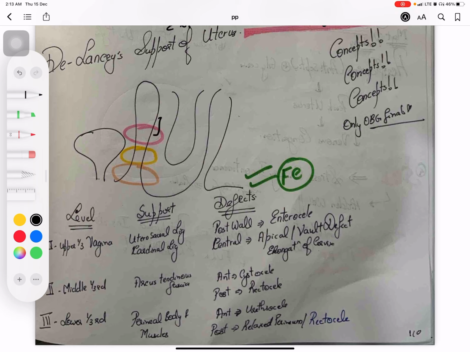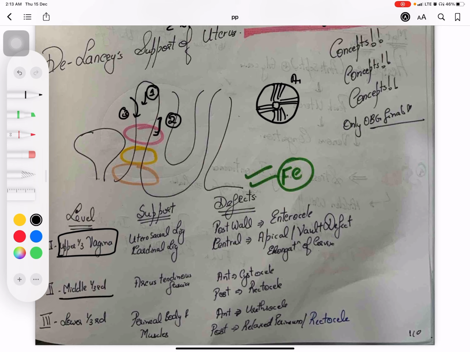Upper one third of the vagina is supported posteriorly by the uterosacral ligament, laterally by the Mackenrodt's ligament. Any defect here can lead to 1. Vault prolapse, 2. Enterocele, 3. Uterovaginal prolapse. Okay, so this is what happens in case of level 1. Upper one third of the vagina is affected.